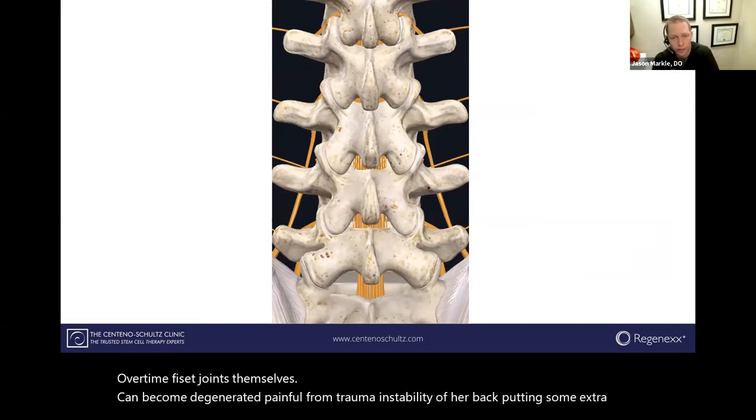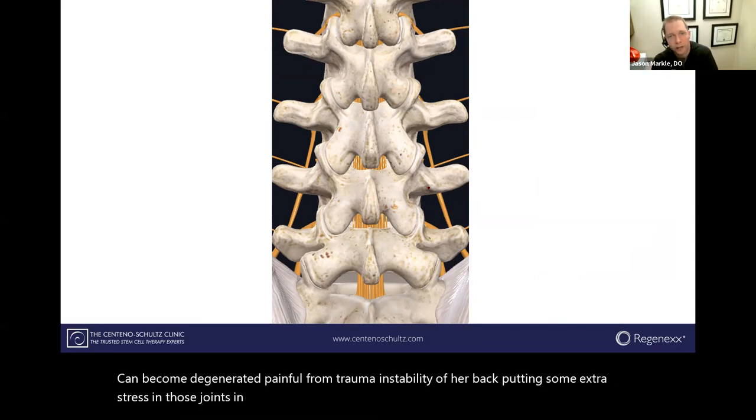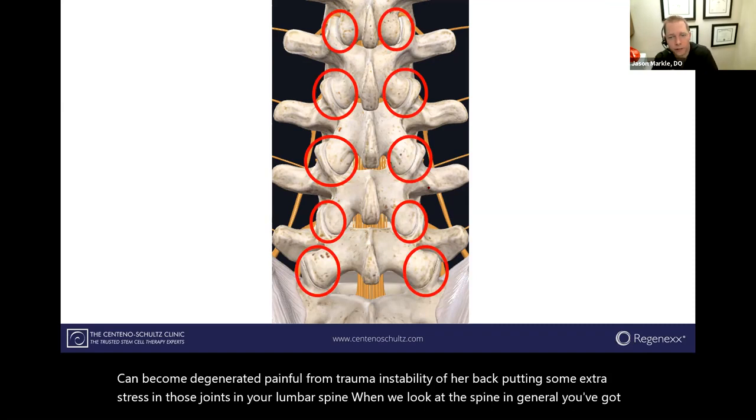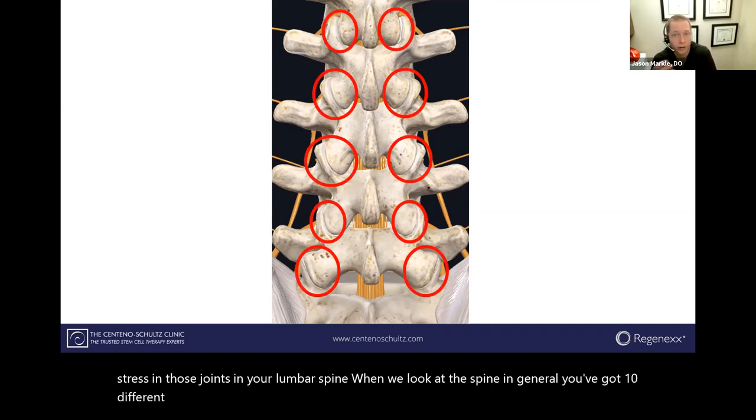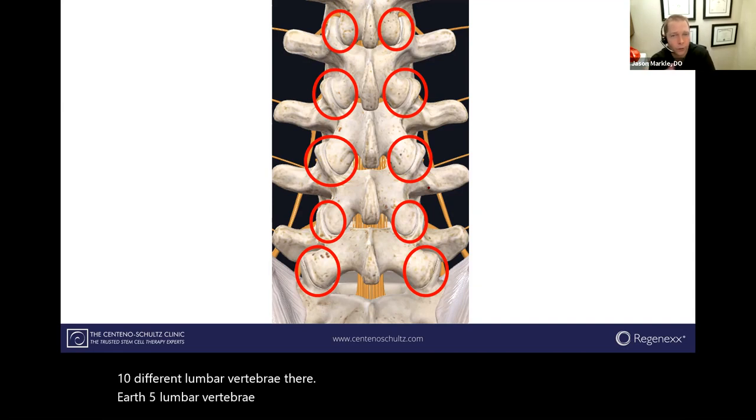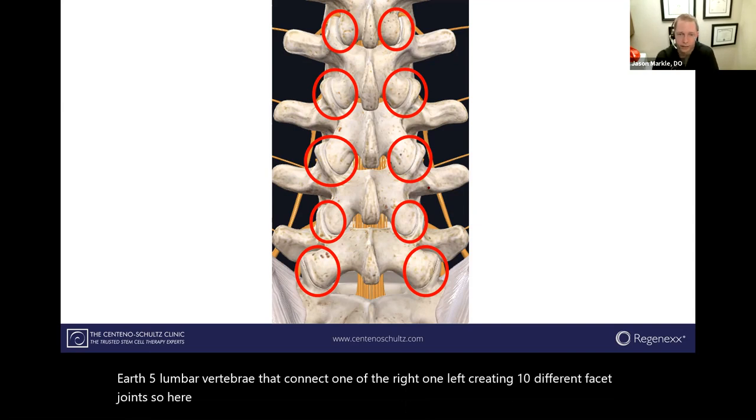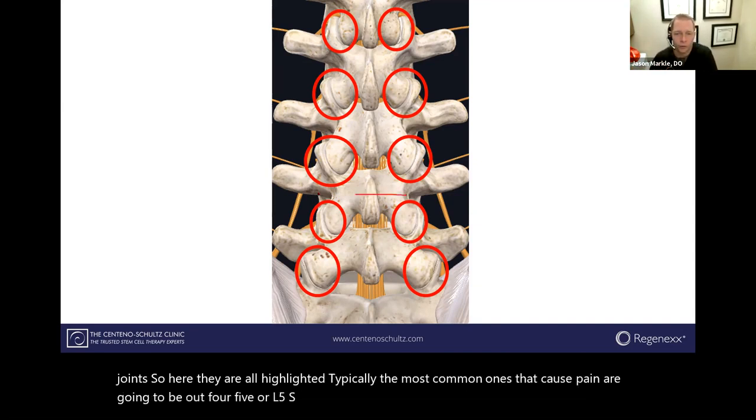In your lumbar spine, when we look at the spine in general, you've got 5 lumbar vertebrae that connect, one on the right, one on the left, creating 10 different facet joints. So here they are all highlighted. Typically, the most common ones that cause pain are going to be your L4-5 or L5-S1, which is the lower 2 segments right in this area.